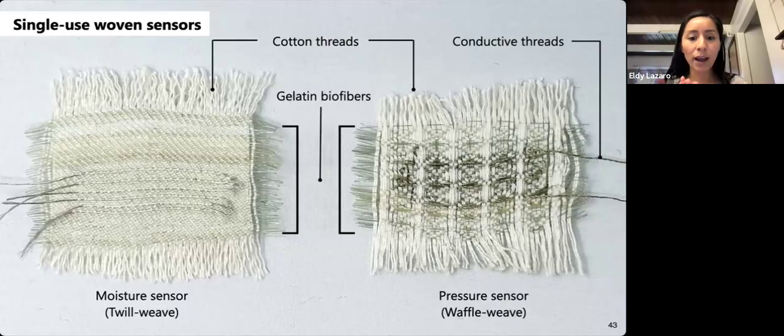The conductive threads allow for the pressure sensor: the closer they are, it's reading that something is being pressed. And in the case of the moisture sensor, it's just adding some conductive threads, in this case silver threads. So when water was passing from one thread to another, we can read that moisture is present.